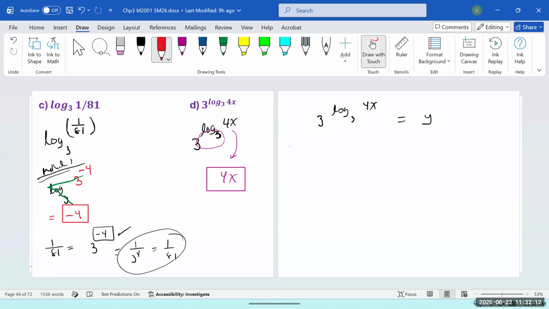Now we can apply log base 3 to both sides. Just like, remember when you solve an exponential equation, if we have e to the 5x equals 7, remember how you solve for x? We apply ln to both sides. So you can do the same thing here. When you apply log, now this thing is the power.